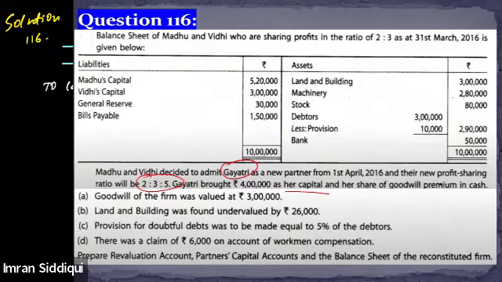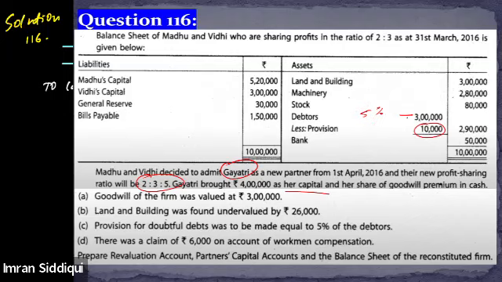All right. The second thing in the question was the provision for doubtful debt was to be made equal to 5%. So we need to make the provision at 5% of the value of the original debtor. The provision that we have already made is rupees 10,000, right? Now 5% of the debtor, 3 lakh into 5%, will be how much? 15,000, right?